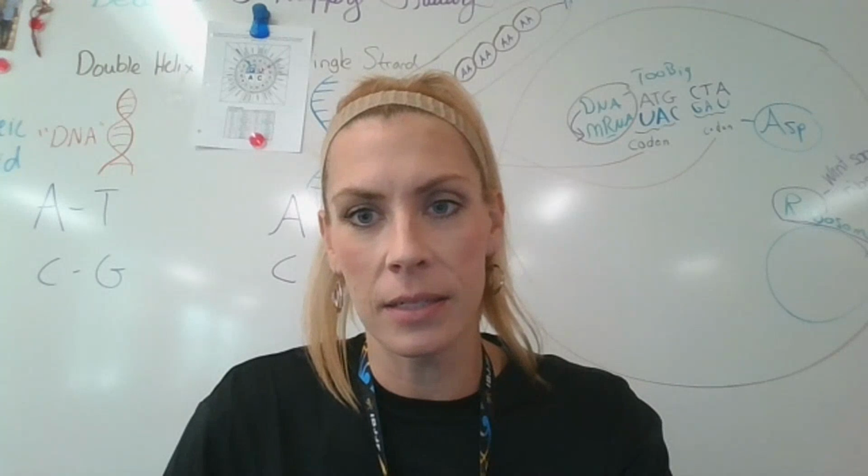So DNA and RNA. All right. DNA has to turn into RNA. RNA is a single strand, so it's smaller than DNA. DNA kind of has this double helix, right?